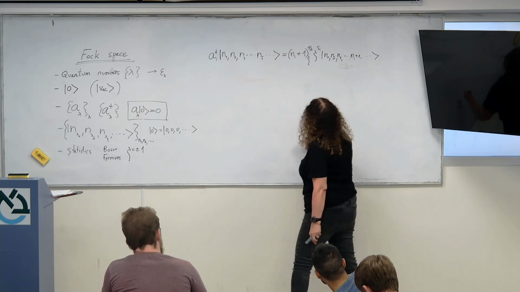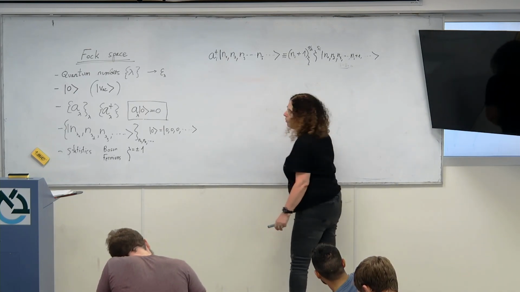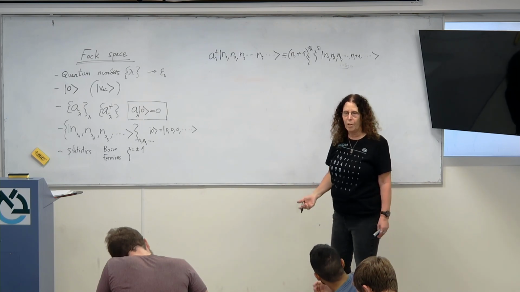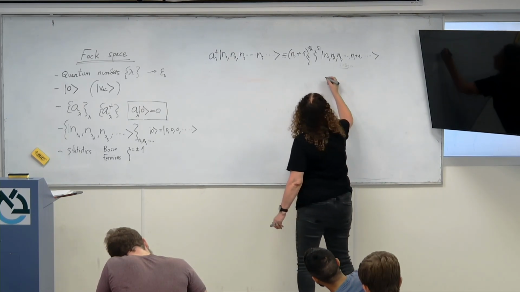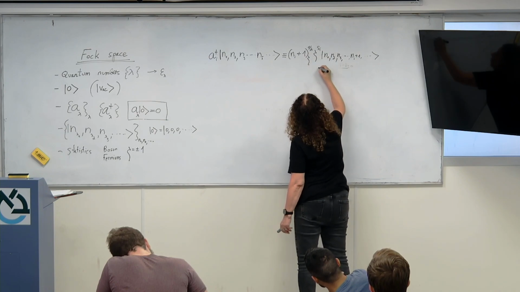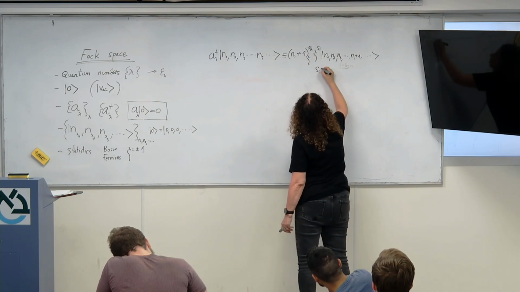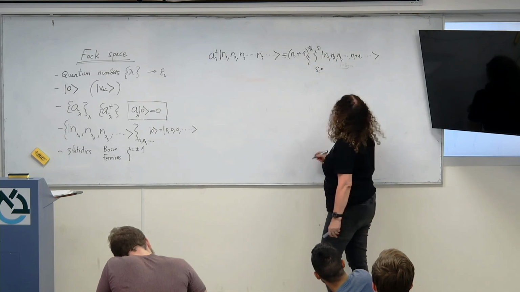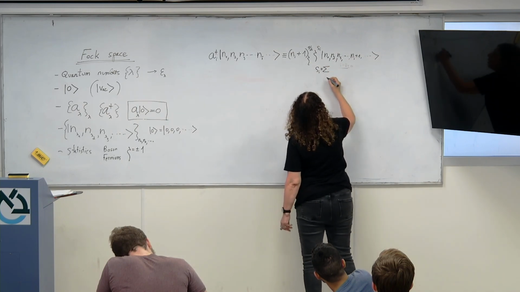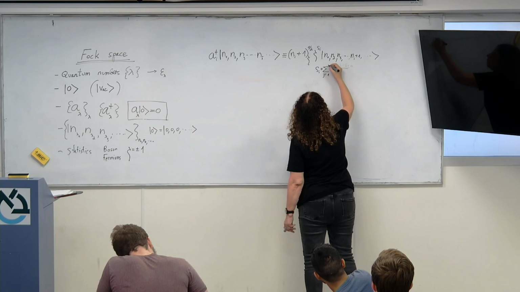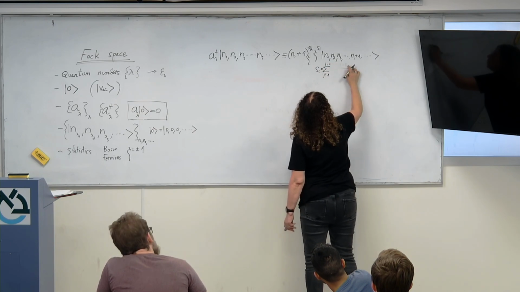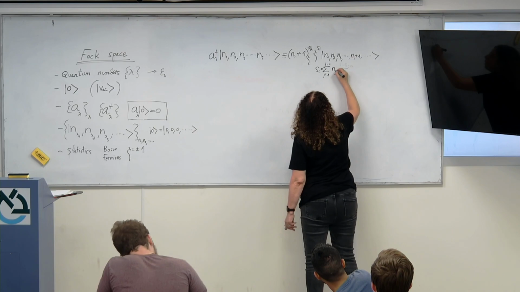This is, if you like, a definition for the creation operator. And the number s, which is called a string, is a sum over j starting from 1 to I minus 1 of nj.